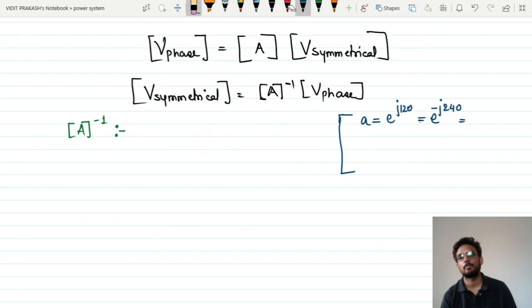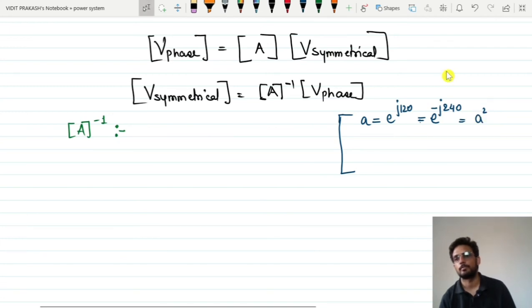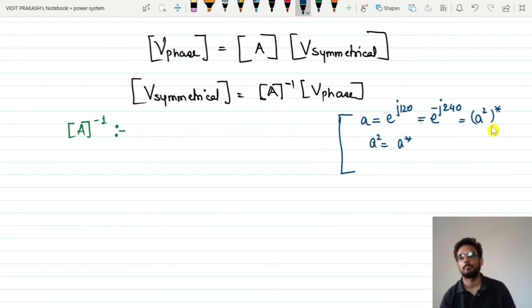That is A square. And what does this minus sign indicate? This minus sign indicates the conjugate of this A square. Or if we take the conjugate on both sides, then what will we get? A square will be equal to A conjugate, right?